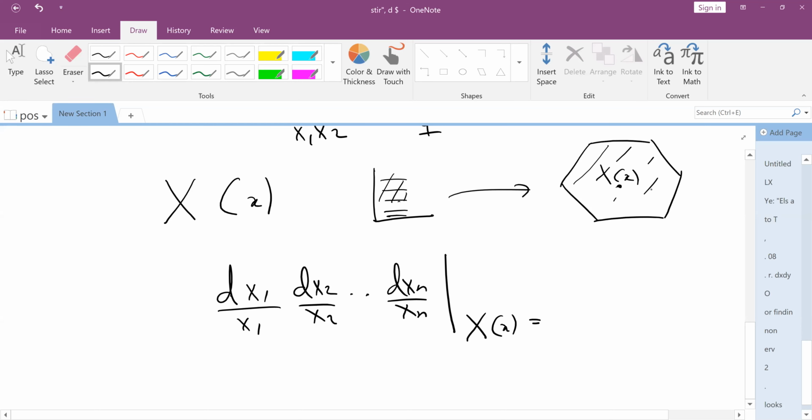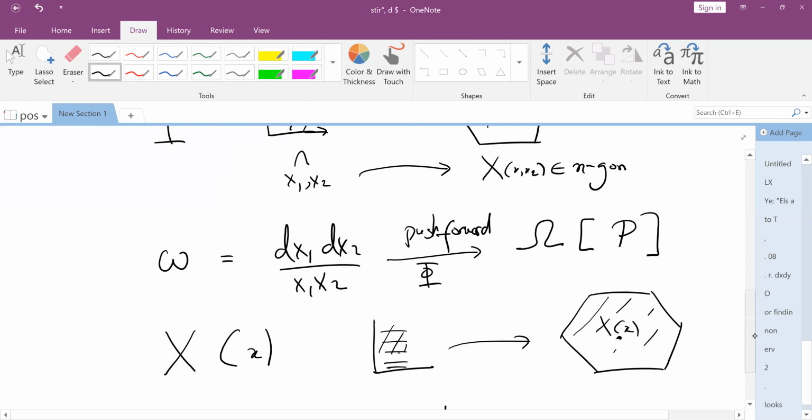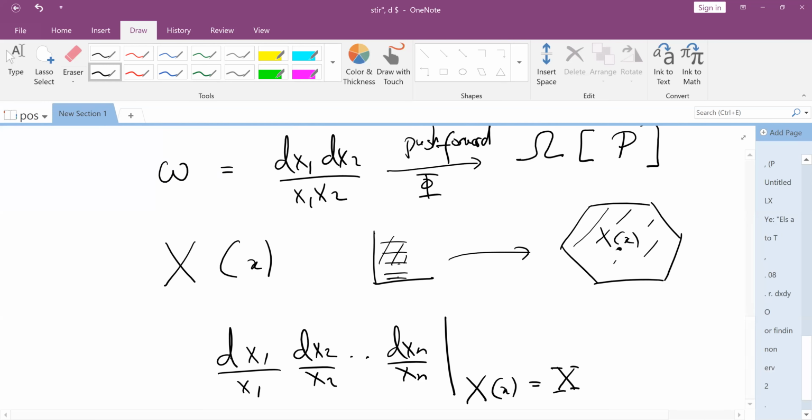So it's going to give you a form on the image. Now, what do we mean when we say evaluate? I told you that the map is one-to-one in the reals, from the interior of this positive region to the interior of the positive region on the right-hand side.